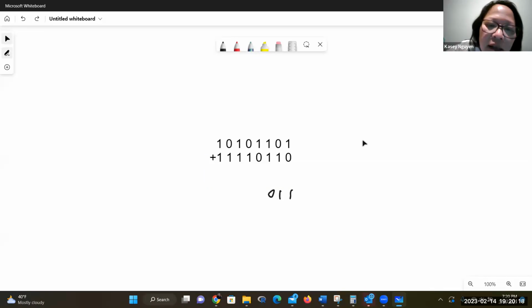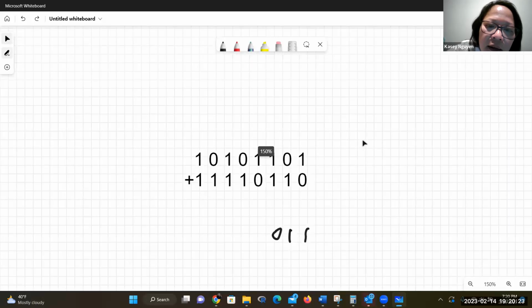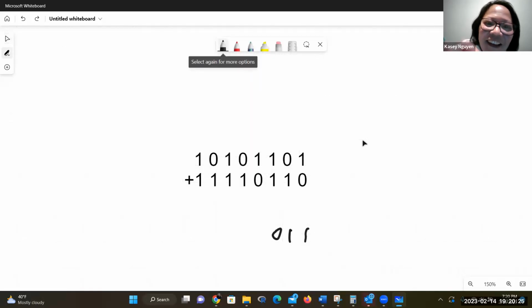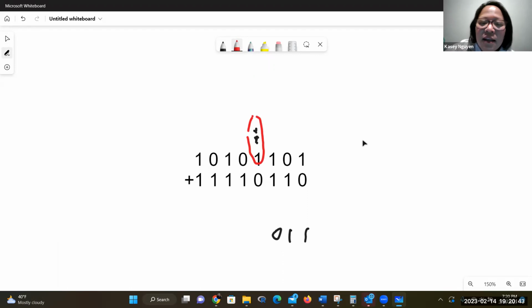Trying to write it here. Okay, now with the 1 carry. I don't know why it's doing that on my screen. All right, so now you're going to take that 1 and add it with the top line. So a 1 plus a 1, that's going to be a 0 with the 1 carry.